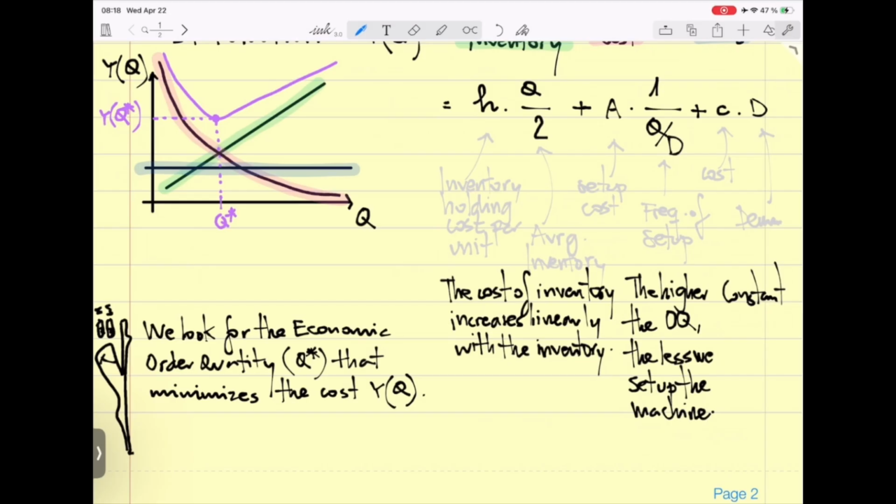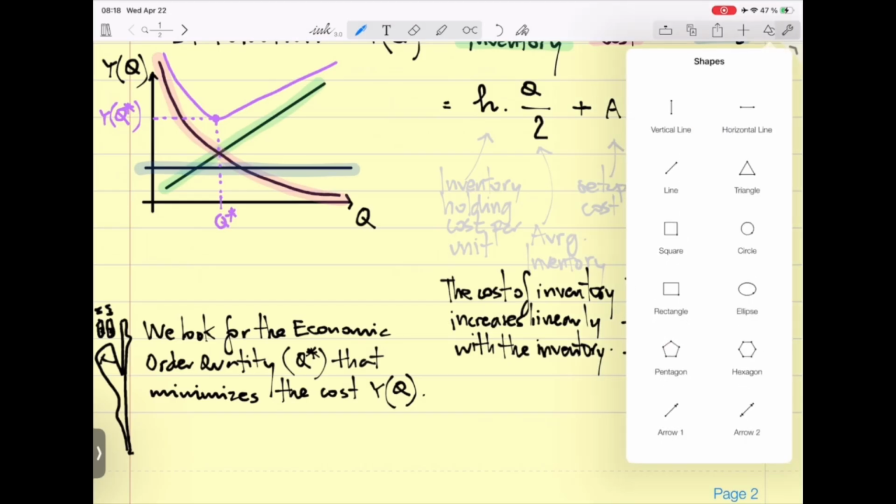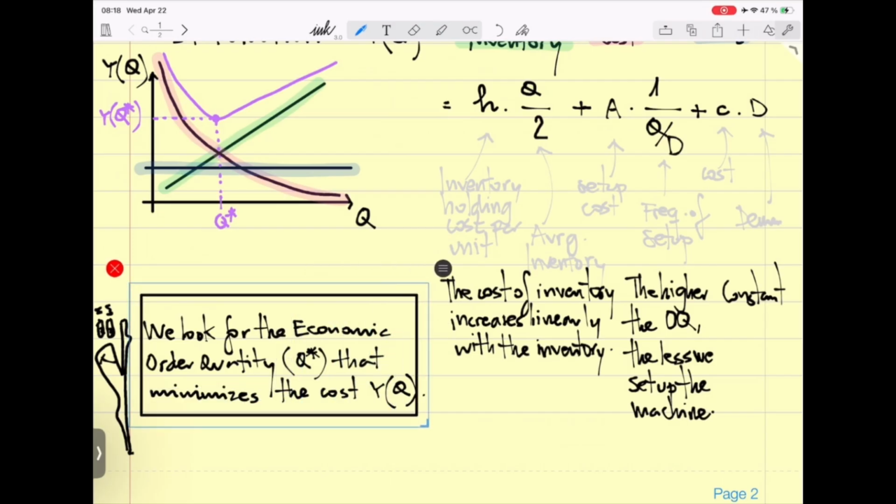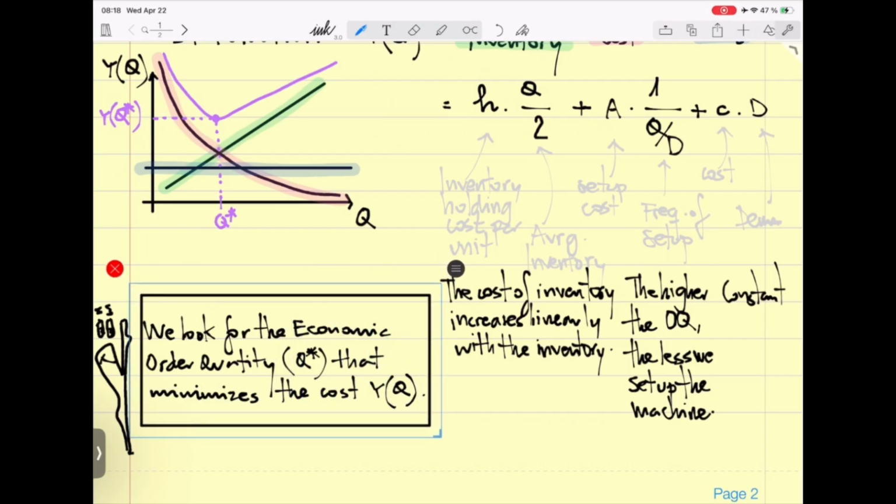Because we look for the minimum of a function, what do we do? Can somebody tell me?